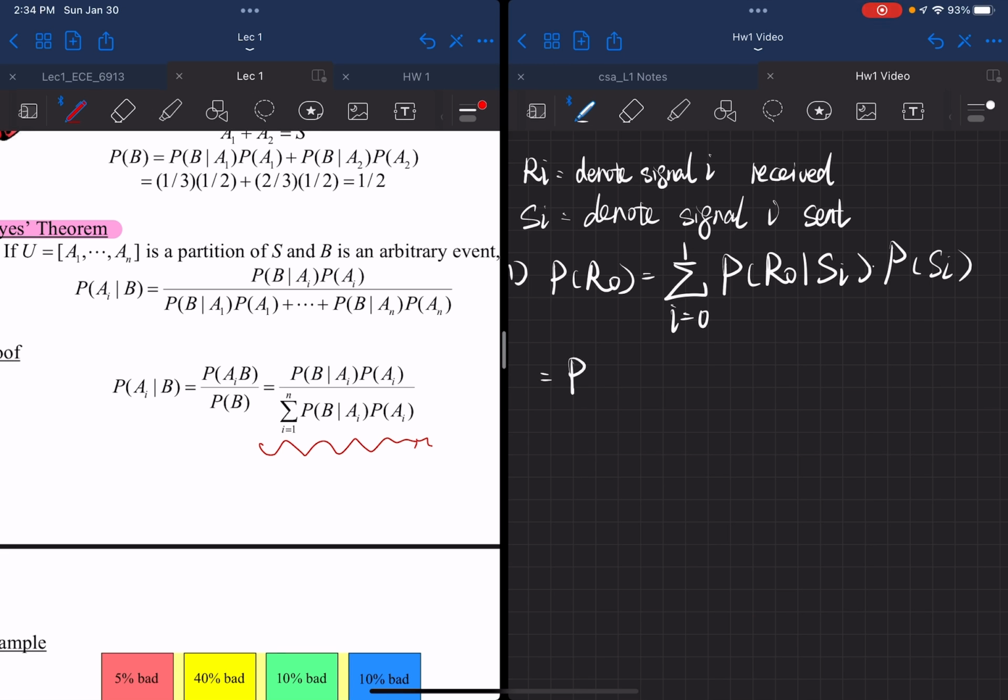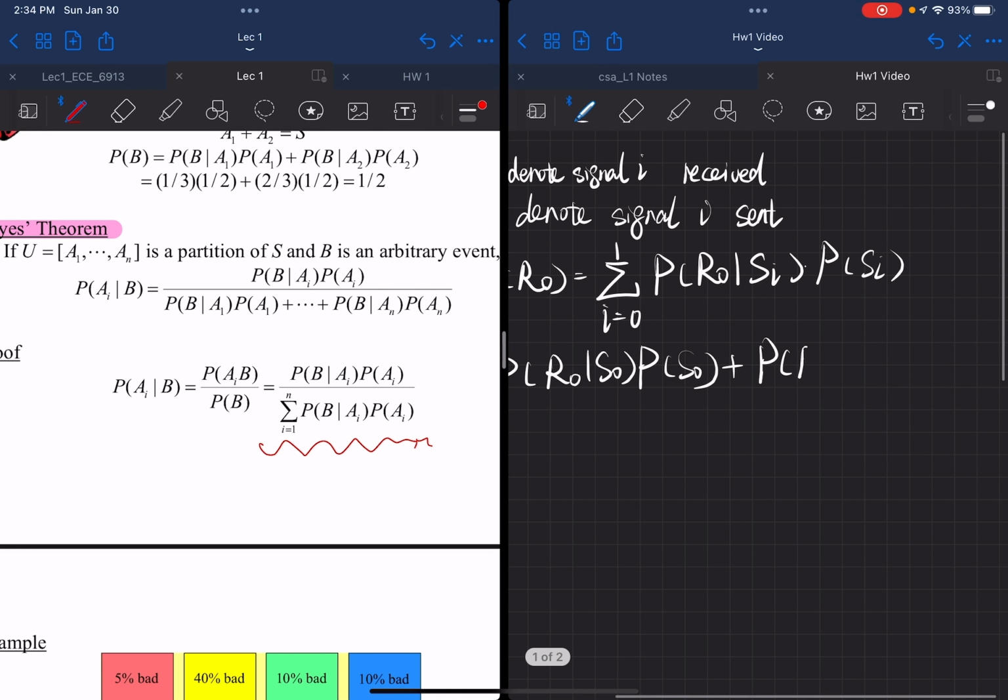And we can rewrite it as the probability that signal 0 is received given that signal 0 is sent times the probability that signal 0 is sent, plus the probability that signal 0 is received given that signal 1 is sent times the probability that signal 1 is sent.